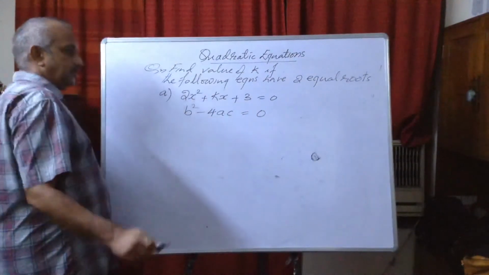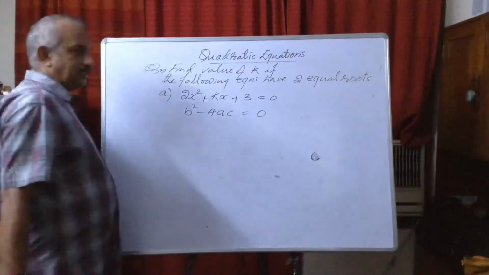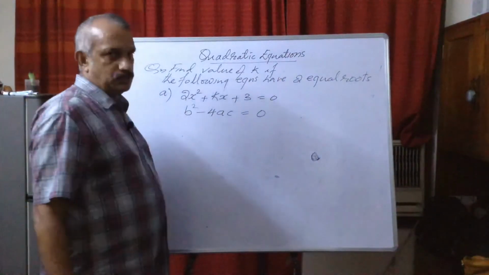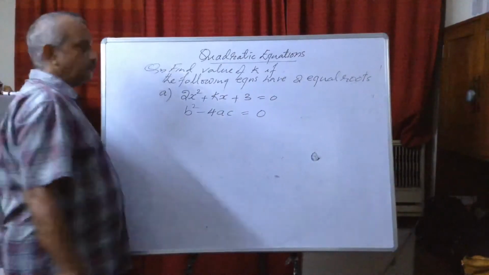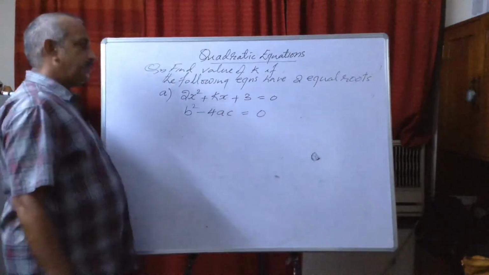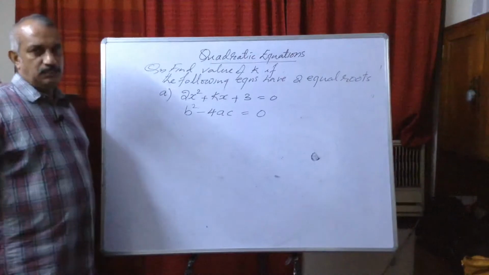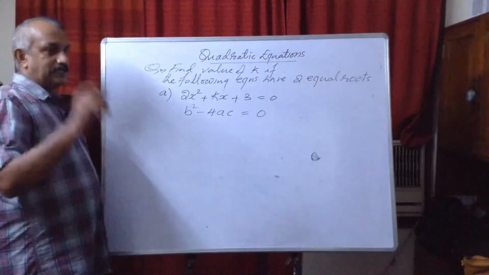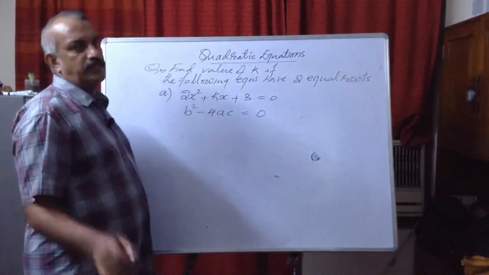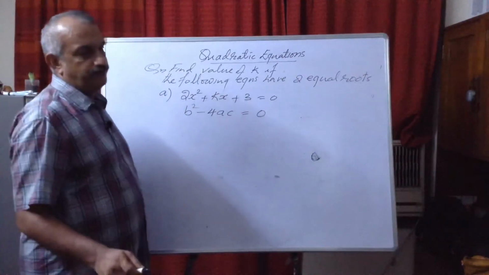I will tell you once again: if b square minus 4ac is greater than 0, two distinct roots. If b square minus 4ac is equal to 0, two equal roots. And if b square minus 4ac is less than 0, no roots. And if b square minus 4ac is greater than or equal to 0, then the equation is consistent.